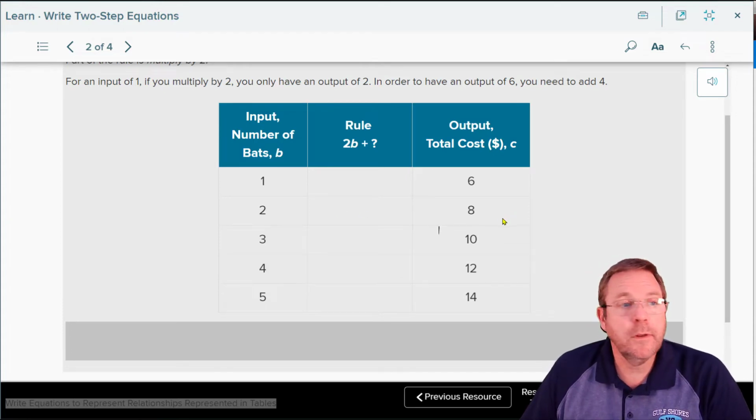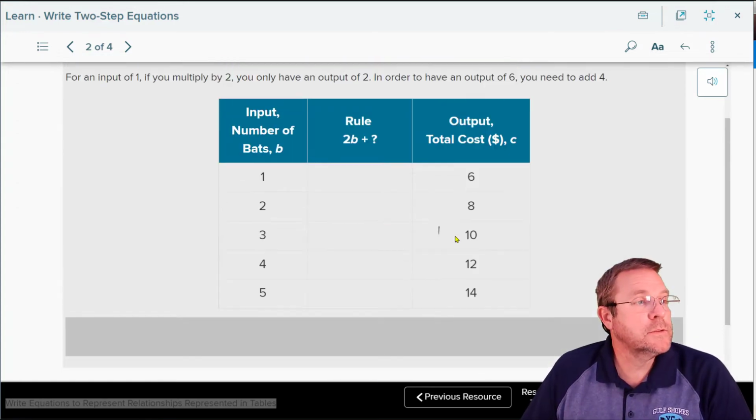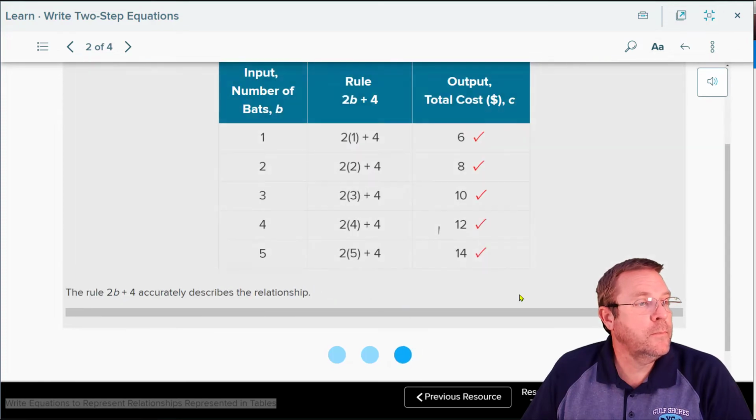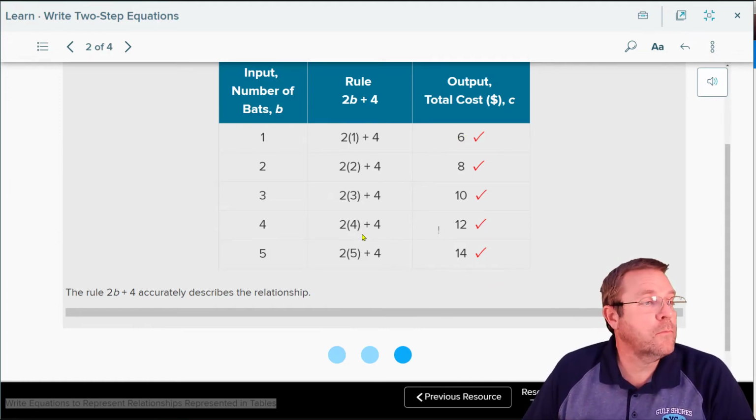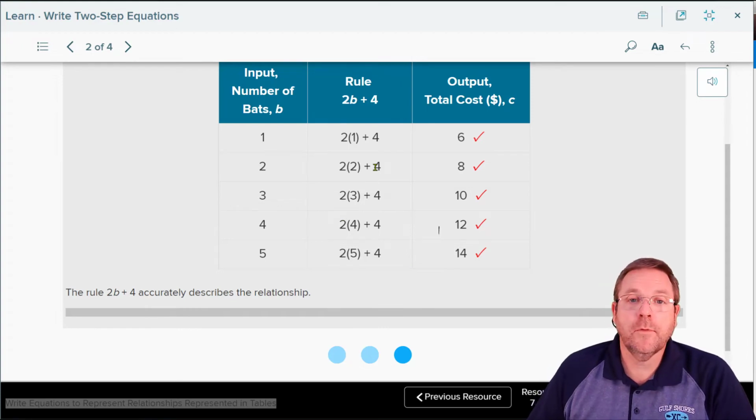That would be 4 again. 3 times 2 would be 6, plus 4 would be 10, and so on. Y'all starting to see the pattern right here? So 2 times the number of bats plus 4 ended up getting you where you were going. Now, me looking at it, I would have thought we would have been adding 2 on the end. Clearly, I'm wrong, because this is the answer to this equation.